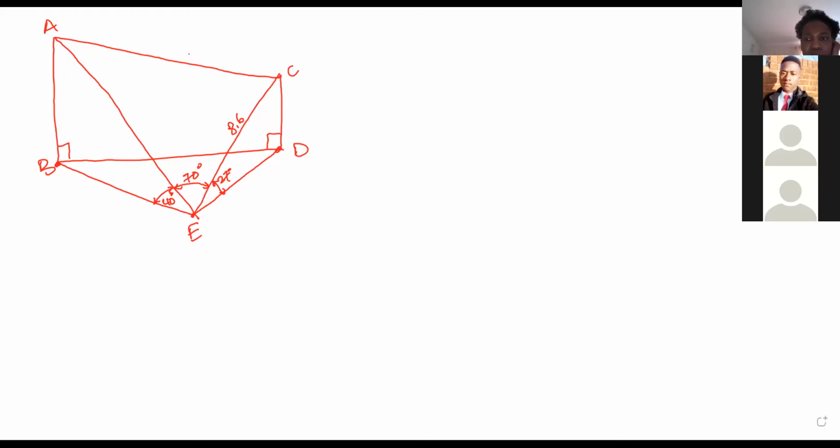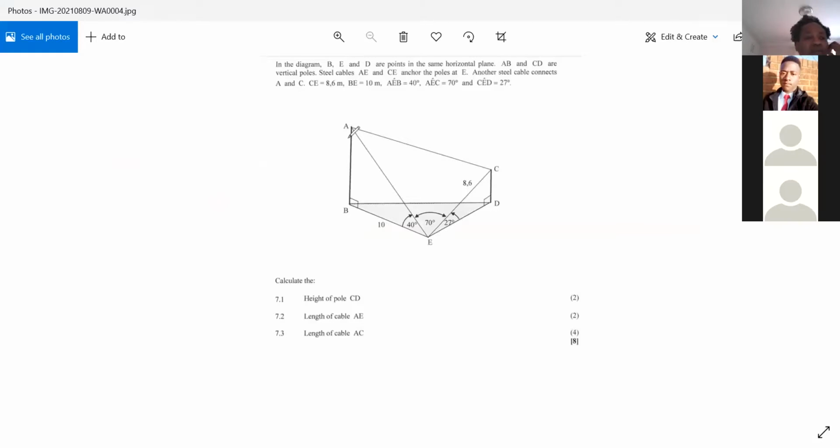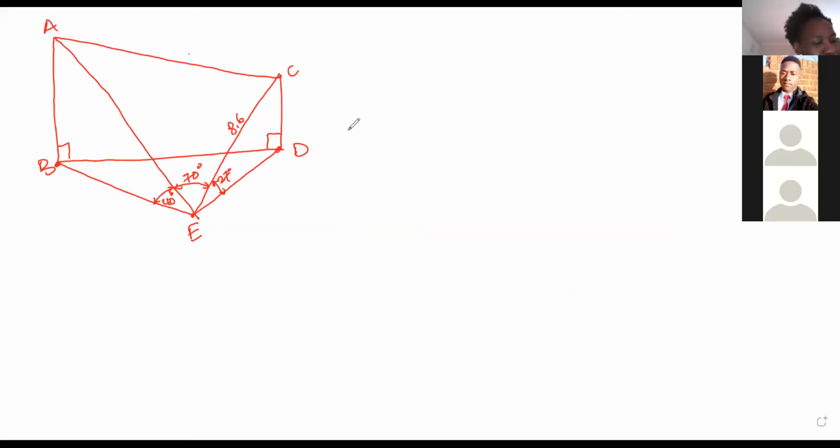You see the highlighted part, they are in the same plane, more like the bottom of a box. So B, E, and D are points in the same horizontal plane. AB and CD are vertical poles.